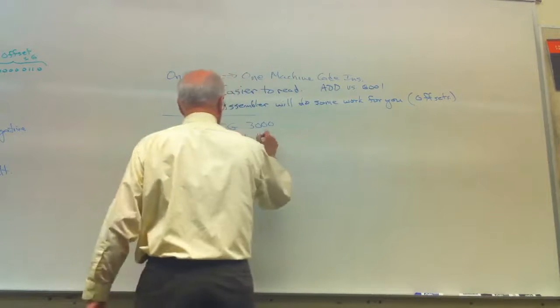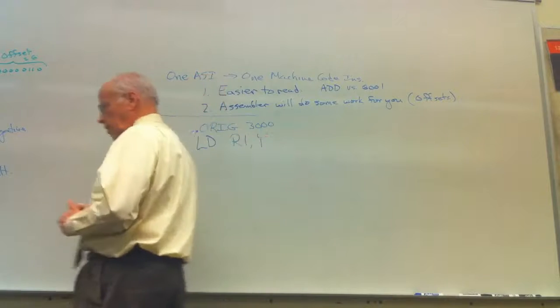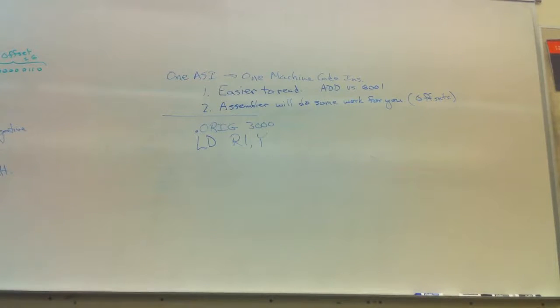I was going to call it y. So I say load register 1 y. Now the thing to recognize here is that the addressing mode that's going to be used there is PC relative. Now you don't specify that. It just comes out by the fact that I have used what's going to end up being a label. Someplace down here I'm going to have a memory location that I'm going to identify as being y.